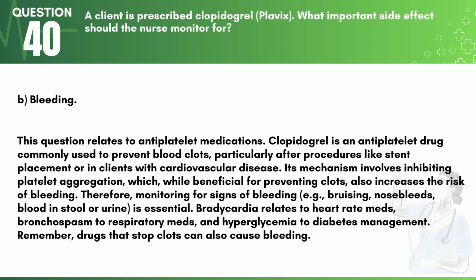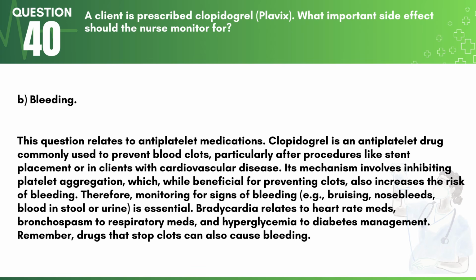Answer B. Bleeding. This question relates to antiplatelet medications. Clopidogrel is an antiplatelet drug commonly used to prevent blood clots, particularly after procedures like stent placement or in clients with cardiovascular disease. Its mechanism involves inhibiting platelet aggregation, which, while beneficial for preventing clots, also increases the risk of bleeding.